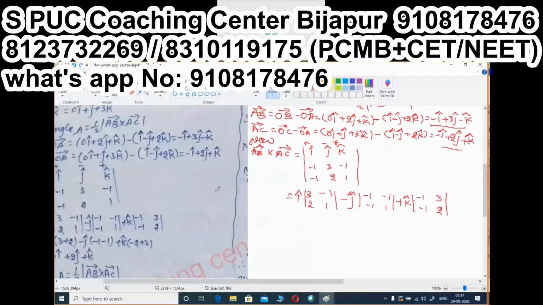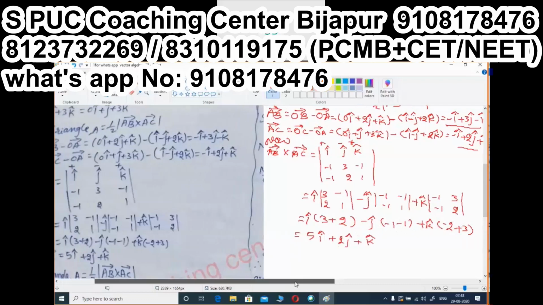So 1 into 3 minus minus 2 gives 5 i cap. Next minus j cap of minus 1 into 1 minus 1, so plus 2 j cap. Next plus k cap of minus 1 into 2, that is minus 2, plus 3, so plus 1 k cap.